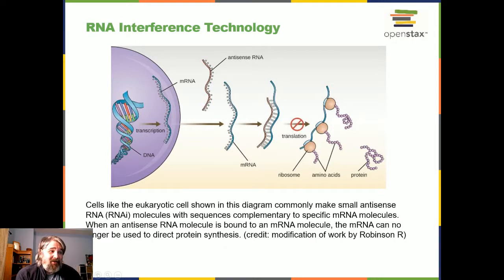So the antisense RNA, when it's bound to an RNA molecule, you have a couple of effects. For one, you can inhibit it. It can't be involved in protein synthesis anymore directly. But for another, it can also be used to extend the lifespan of that particular messenger RNA. That's RNA interference.